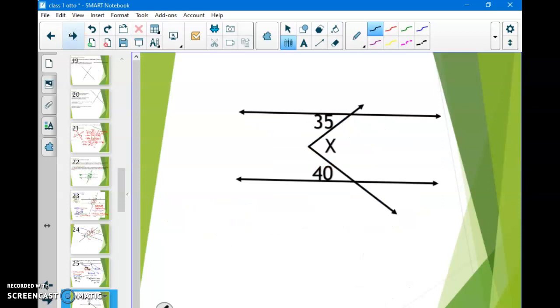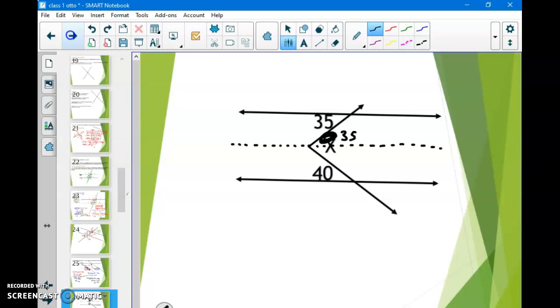There's a little bit of a trick to this one, so I'm going to draw in a line that is parallel to the other two lines. So if it's parallel to the other two lines, you're going to say, well then this here would have to be alternate interior, like we just got done doing, and that would make it 35.